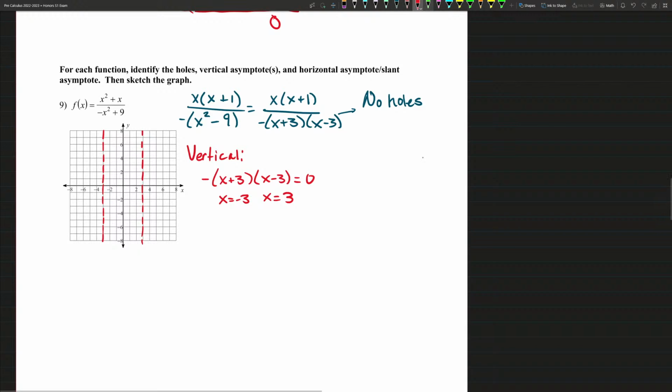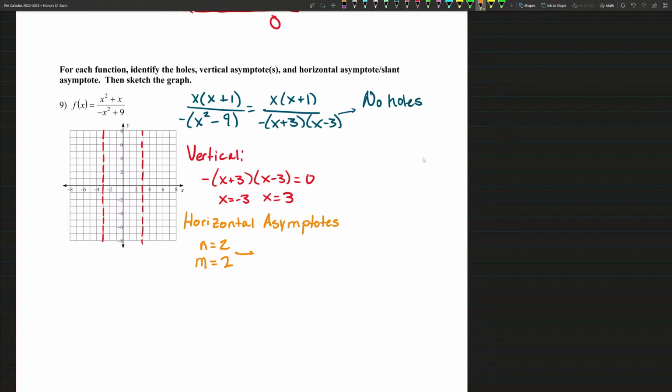Okay. Horizontal asymptotes, that's when we're comparing the numerator and denominator. The numerator degree, that's the highest exponent on the top, that's 2. The denominator degree, that's the highest exponent on the bottom, that's also 2.